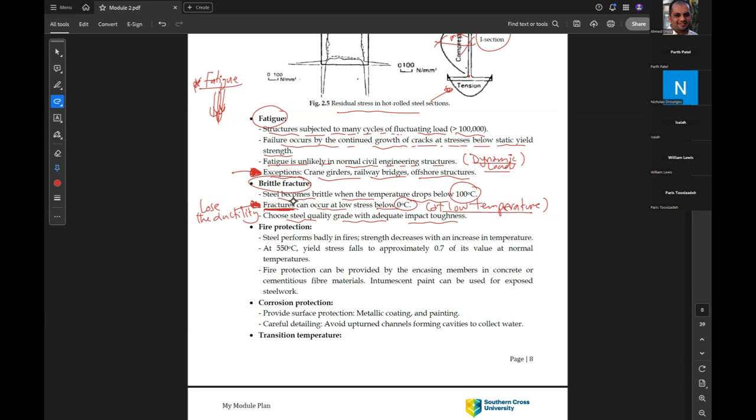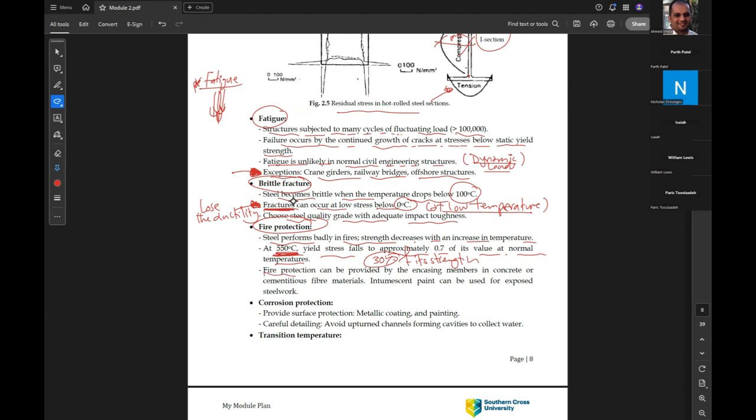Also, one of the problems we have is fire. Steel performs badly in fires because its strength decreases. At 550 Celsius, yield stress falls to approximately 0.7 of its value at normal temperature. This means that the steel loses 30% of its strength at 550 degrees.